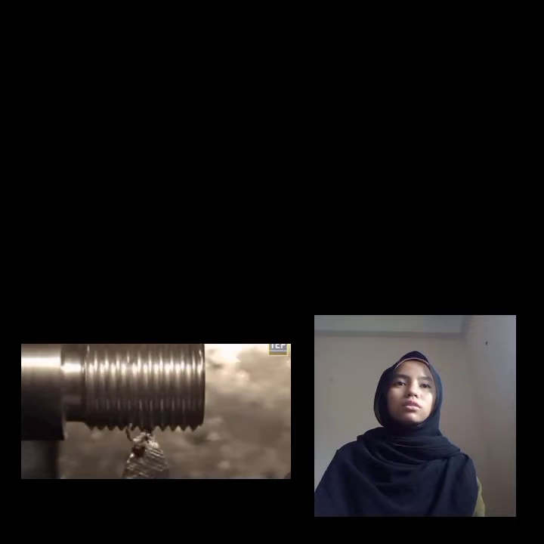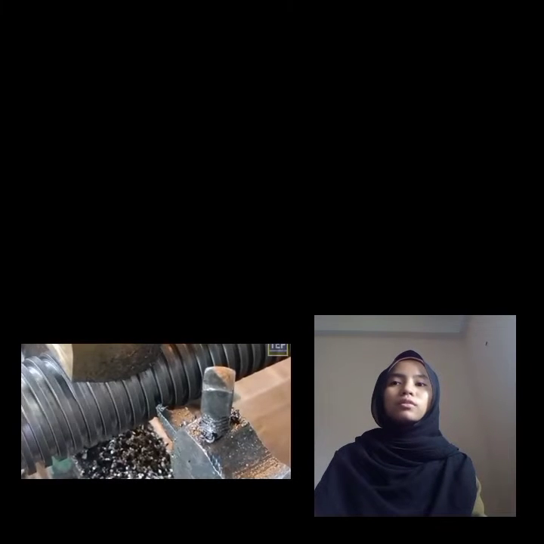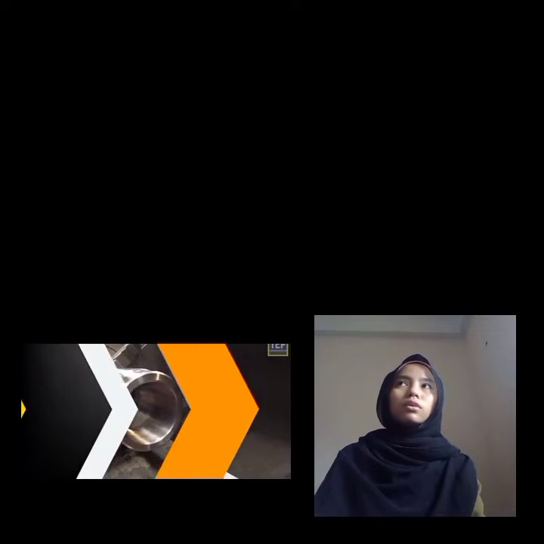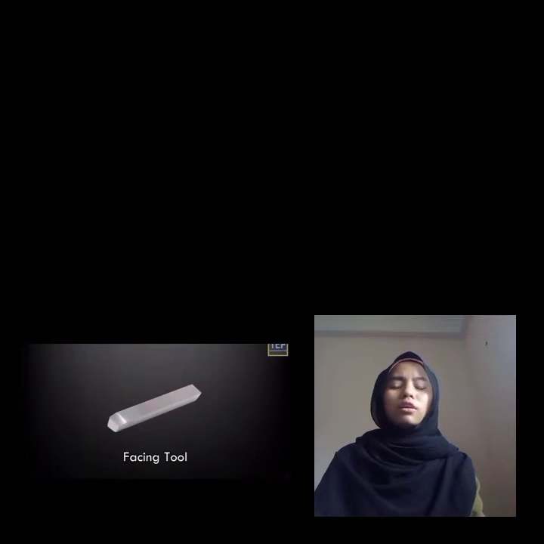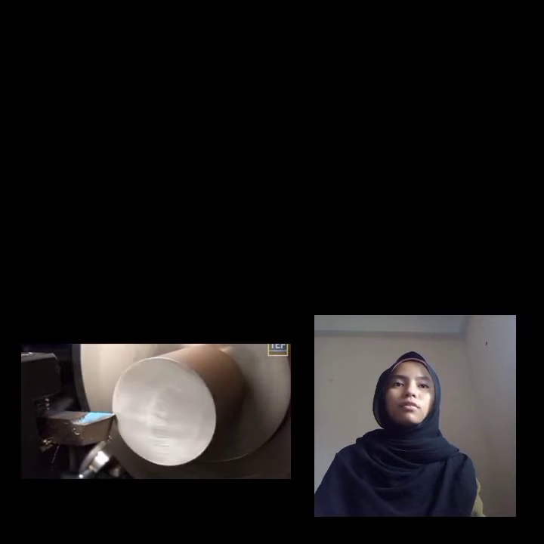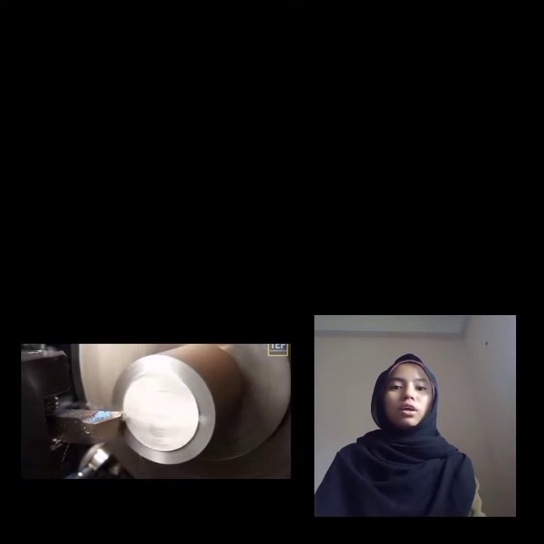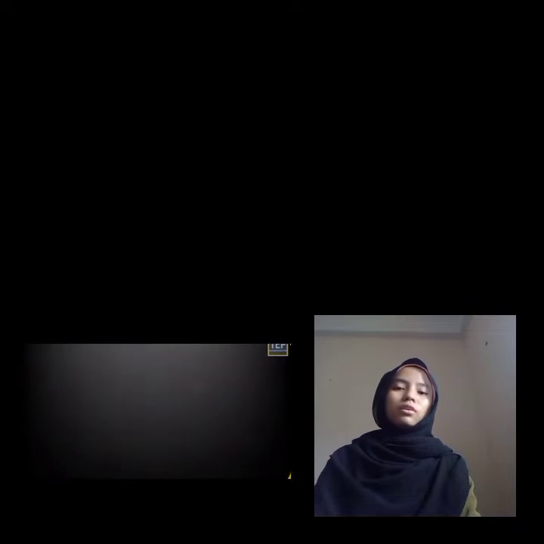The lathe machine has a universal type, and then we have old school machines and advanced machines. The advanced machines are very effective, for example from Japan, because they have very high quality technology.